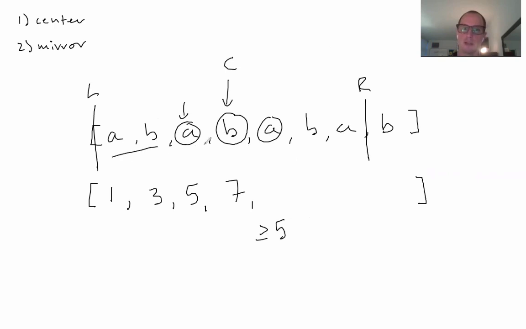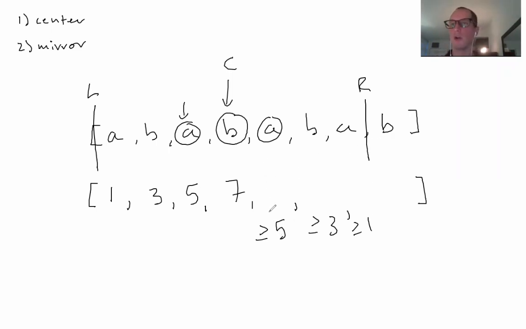Because this palindrome here is 5, so this palindrome also here must be at least 5. Similarly, we can say the same for B, that it's greater than or equal to 3 because its mirror is 3. And then we can also say that this one is greater than or equal to 1, A, on the outside here. So how does this information help us?